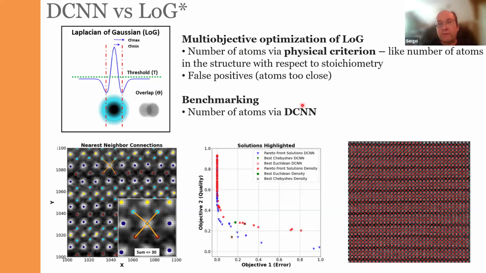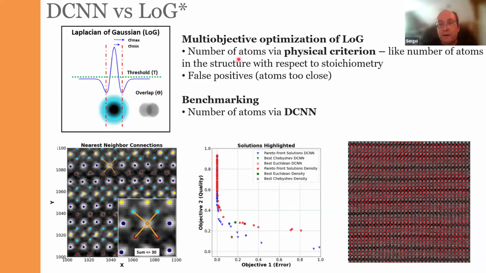I also know that if I try to optimize the number of atoms, to find as many as possible, then my algorithm will start to create false positives. That's actually not very difficult to accomplish. So the second criterion I want to introduce is that we should not have false positives, meaning that if we find atoms, they should all be at a certain distance from each other. They cannot be closer than the minimum atomic distance in this material.